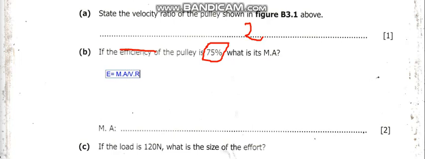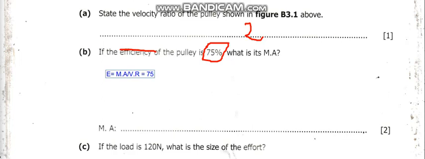Okay, so this is going to be our formula. So we're going to say the efficiency we've been given, which is 75%. So we need to understand that. We've been given 75%. Okay, that is our efficiency.